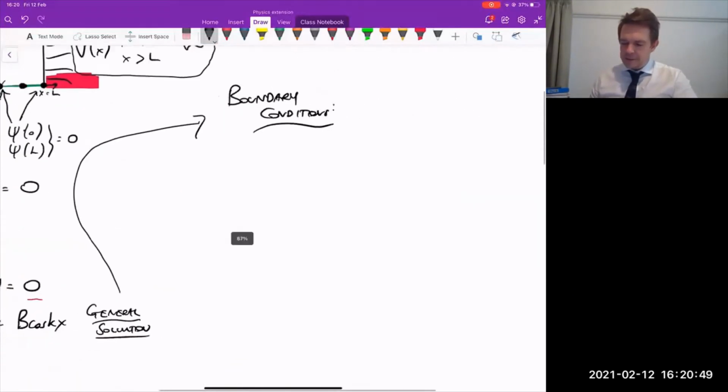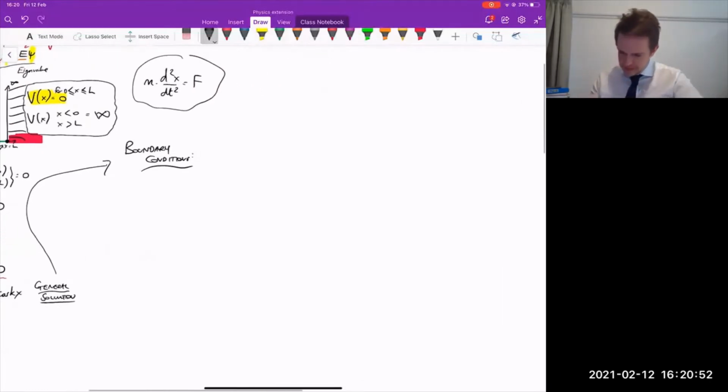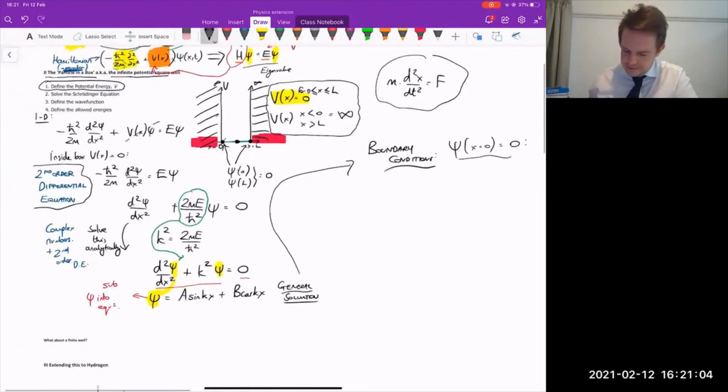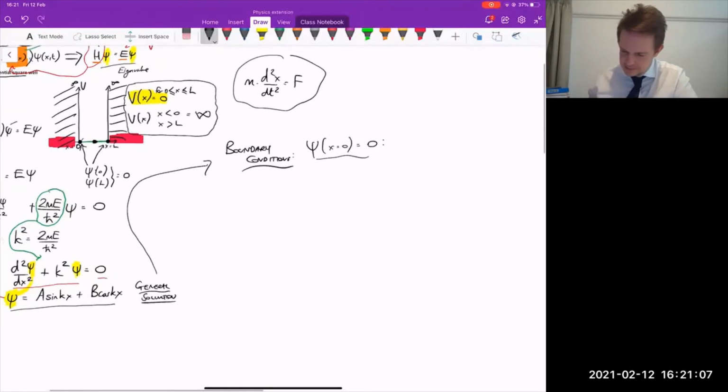So how do we apply those boundary conditions? If we want lambda of 0 to equal 0, let me write this more clearly: lambda at x equals 0 equals 0. What that means is, if our general solution is this, lambda of 0 is going to be a times sine k times 0, if we put the value of 0 in for x, plus b cos k times 0.